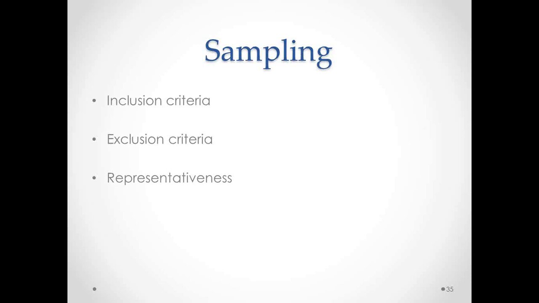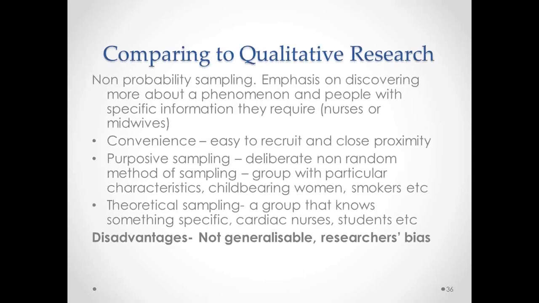So we've narrowed the inclusion and exclusion criteria. And when you're looking at your research studies, have a look at how they sampled, how they selected the people that they were going to include in their study, or how those people were selected for them. So stratified randomized sampling would be a clear version of quantitative positivist sampling.